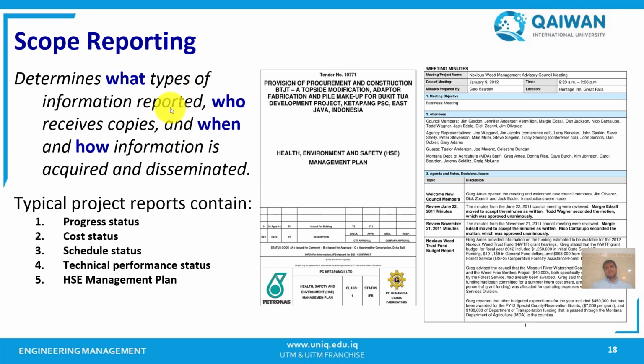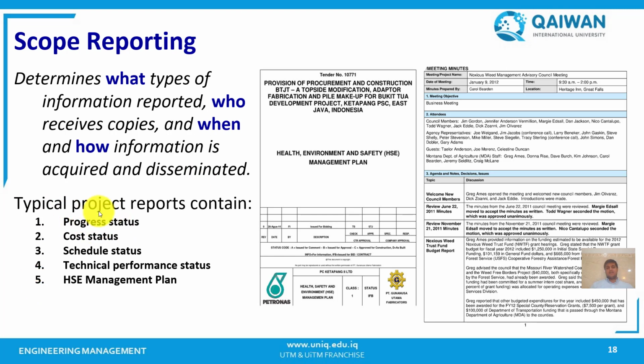It involves tracking and reporting on the scope baseline, which includes the project's defined objectives, deliverables, and boundaries. It determines what types of information are reported, who receives the copies, and when and how information is acquired and disseminated.